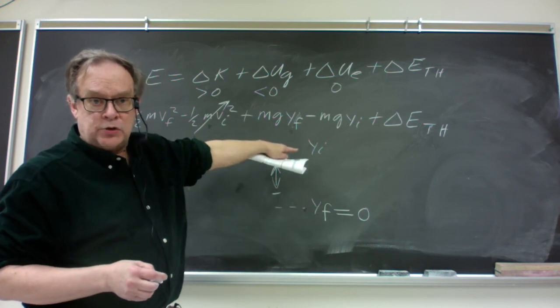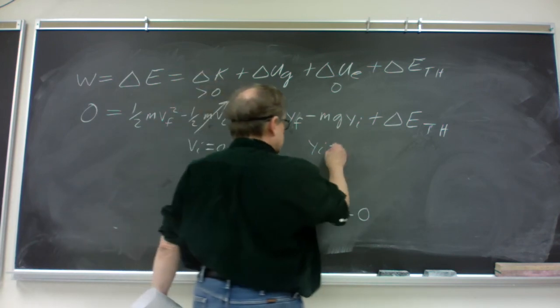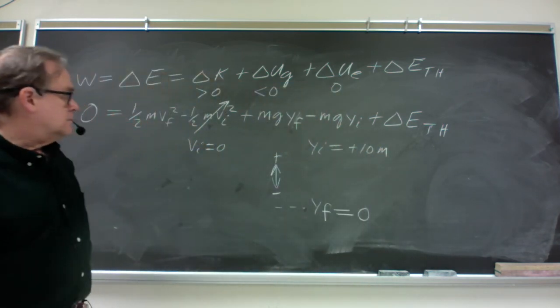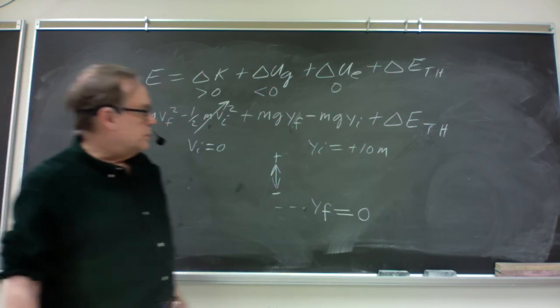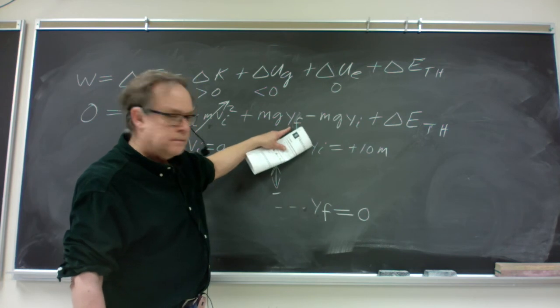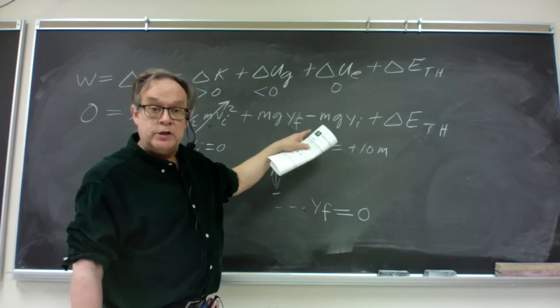So y initial, the initial elevation, is plus 10 meters. So that means final elevation is 0. That number is 0, so the final gravitational potential energy is 0.